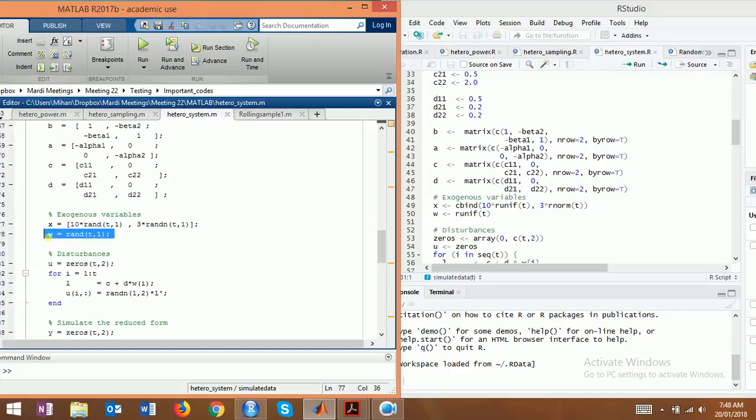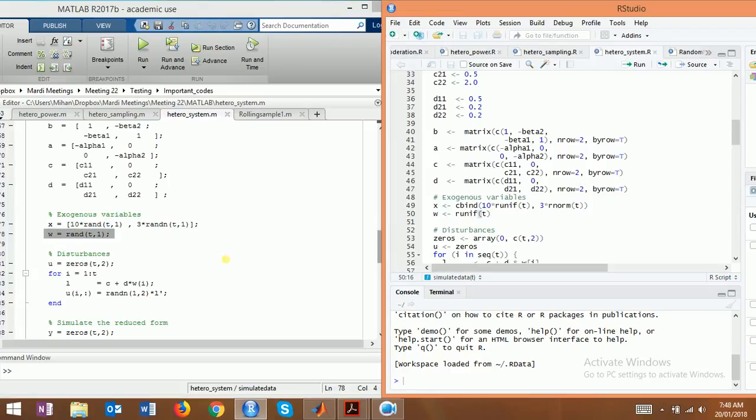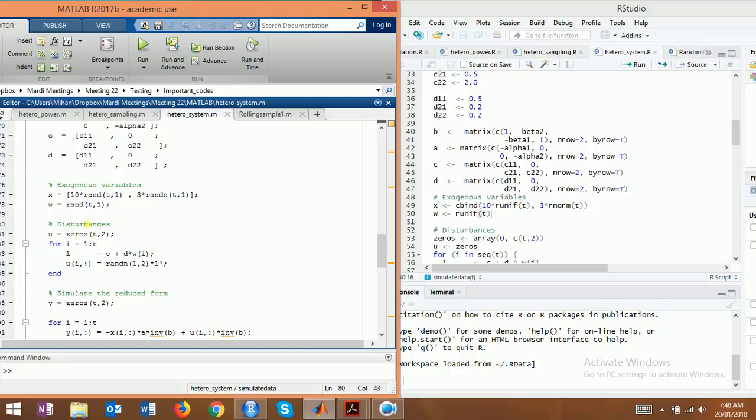Omega is also RUNIF, very easy. Then disturbances, I'm going to simulate U. Well, U is for 1 to T. First I'm going to store residuals for 2 columns, right?